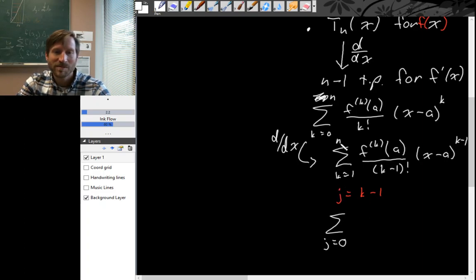And if k goes up to n, then j is going to go up to n minus 1. And so we get the j plus 1 derivative of f at a over j factorial, times x minus a to the j.